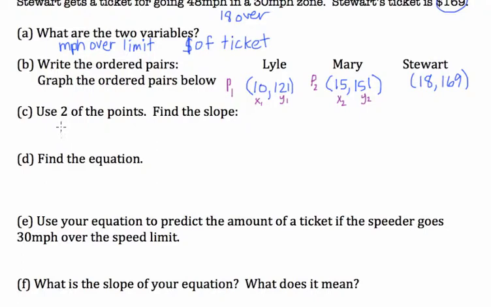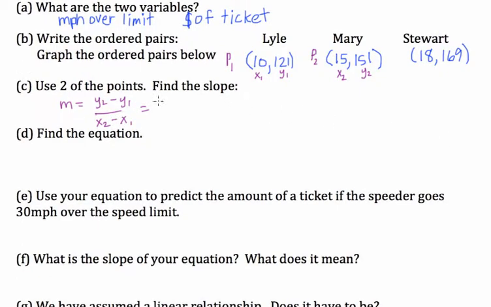So to find the slope, I'm going to use the slope equation: y2 minus y1 over x2 minus x1.